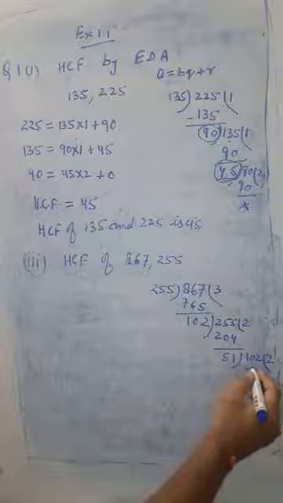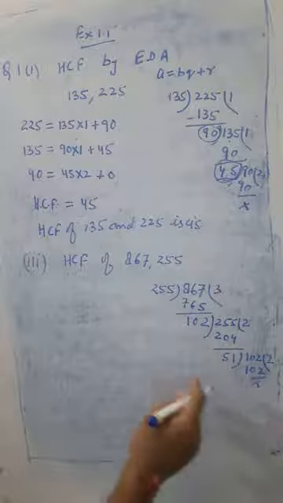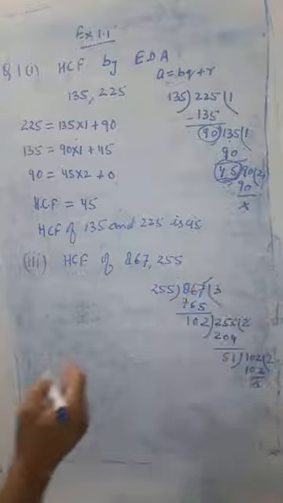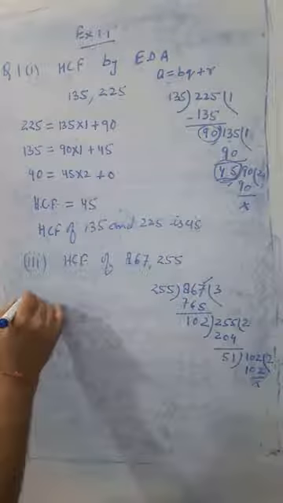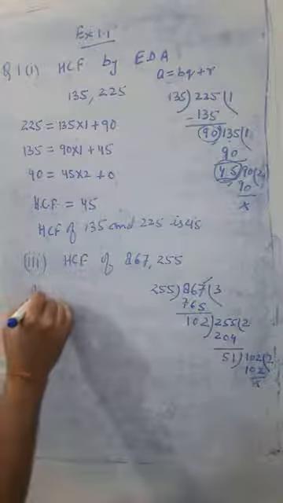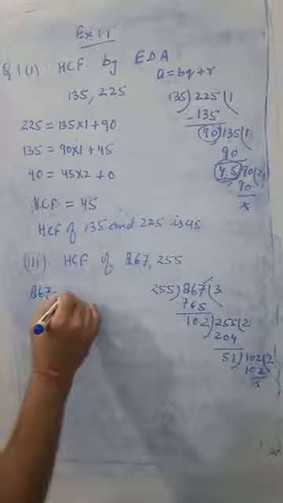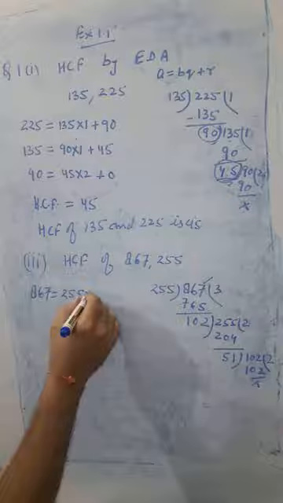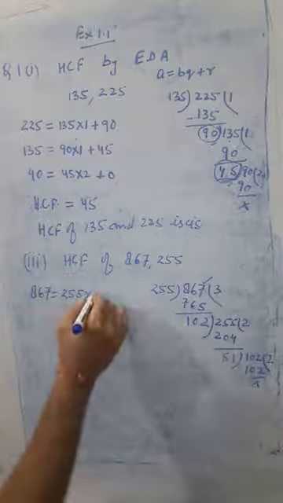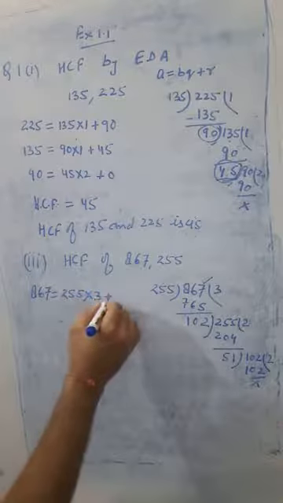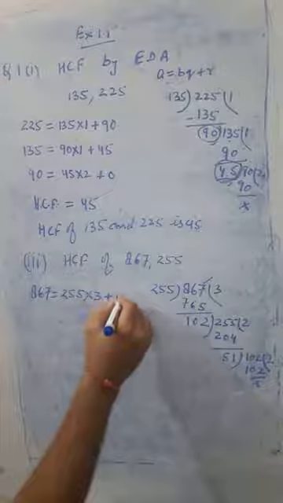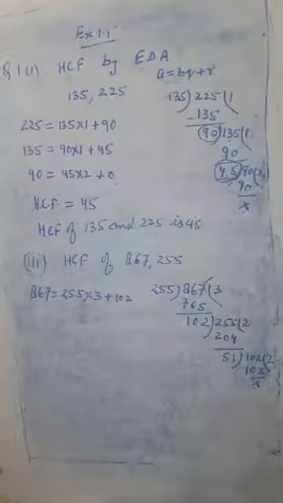So 102. So we can write first dividend 867 as 255, that is first divisor, into 3 first quotient plus 102, that is the first remainder.